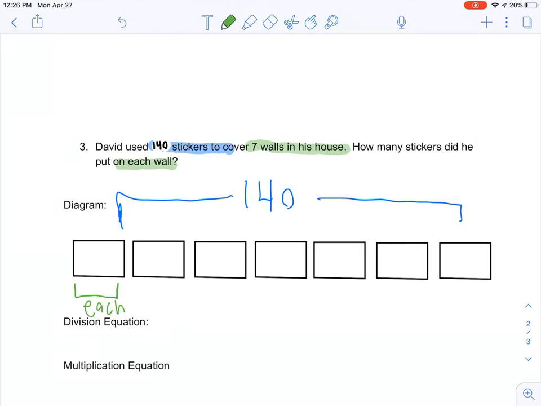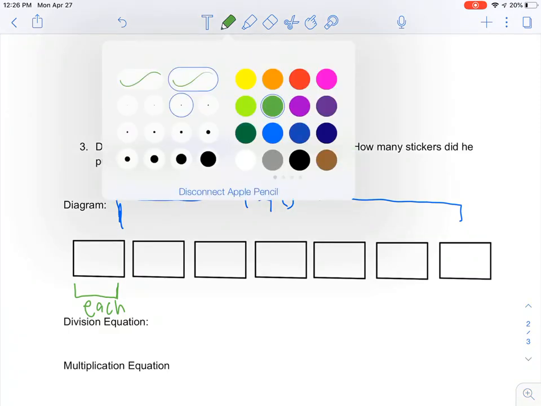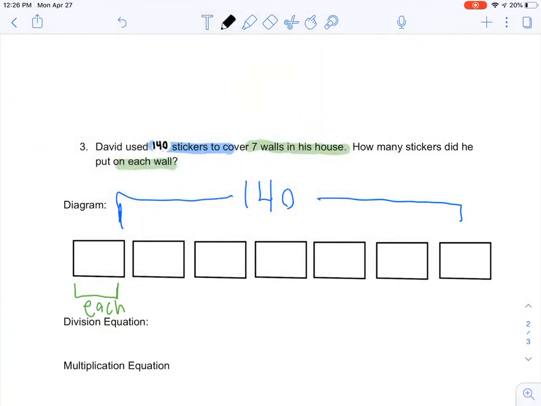Okay, so let's try some numbers out. Remember with division, we need an equal number in each group. So I'm going to go ahead and try 10. 10, 20, 30, 40, 50, 60, 70. That only gets us 70, but we need 140. But what we know is 70 is half of 140, because 7 is half of 14.